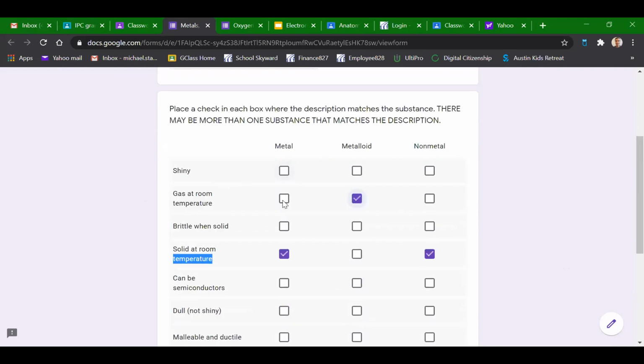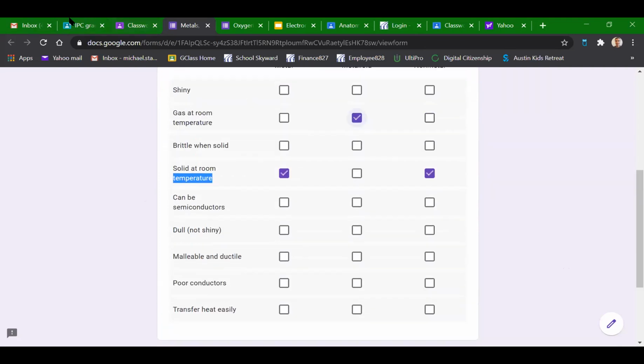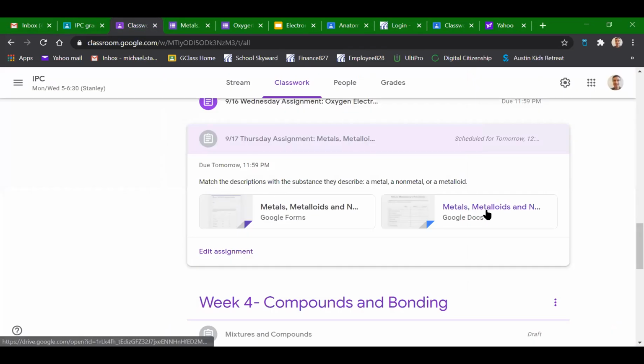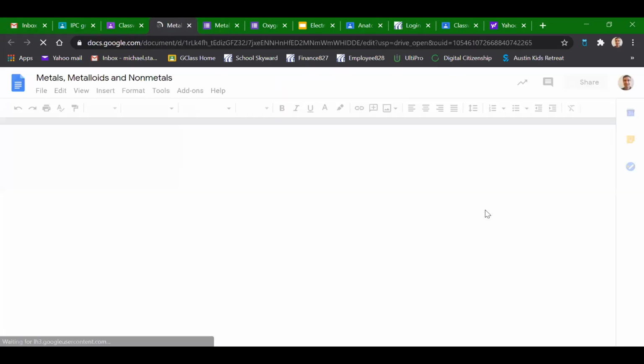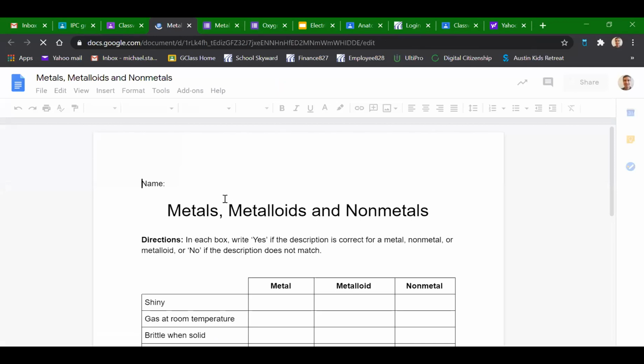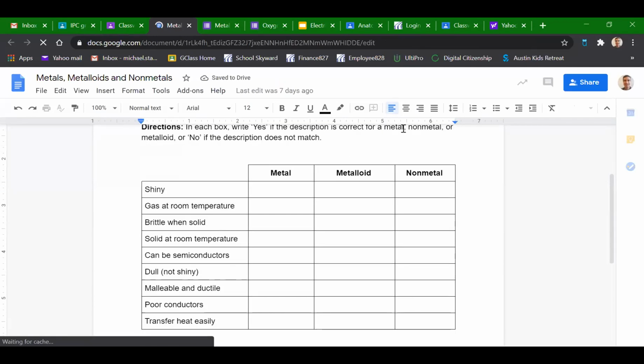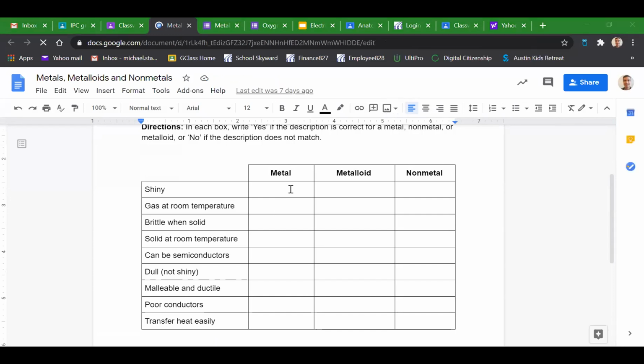This is what the Google form looks like. The Google Doc is the same setup, just a little bit different. Essentially, instead of checking a box, all you have to do is write down yes or no in each one of these boxes.